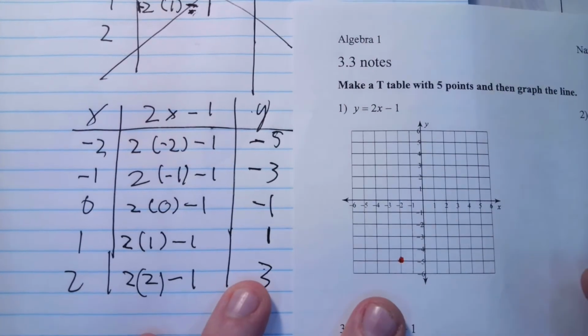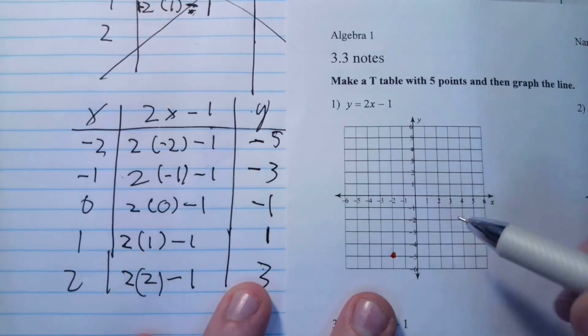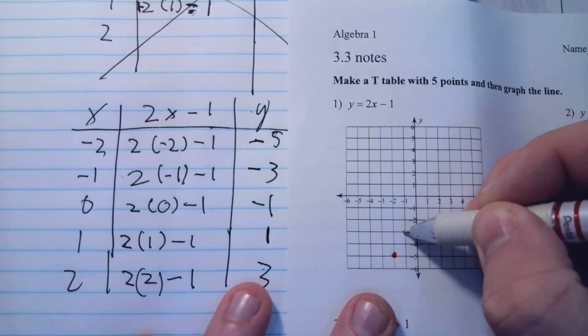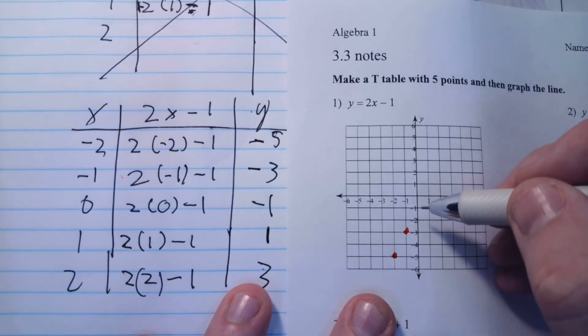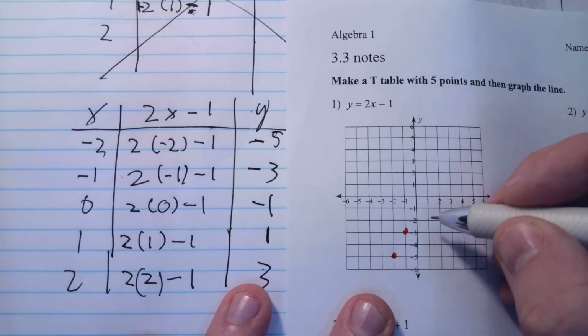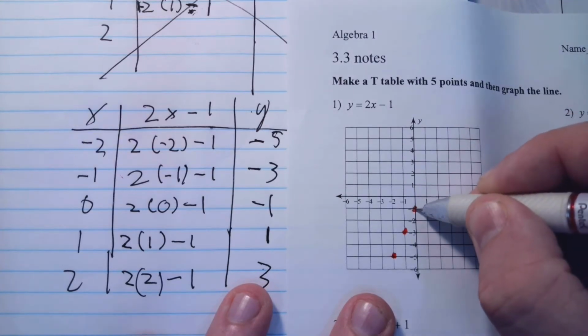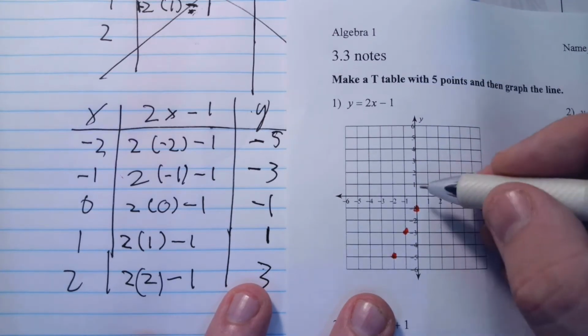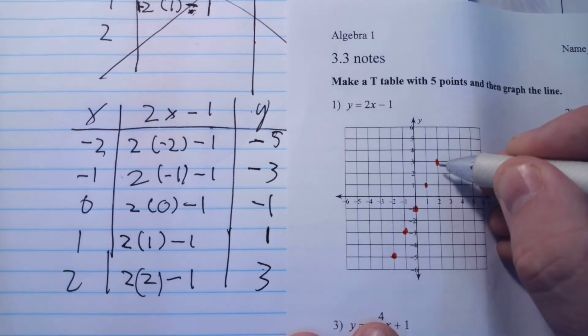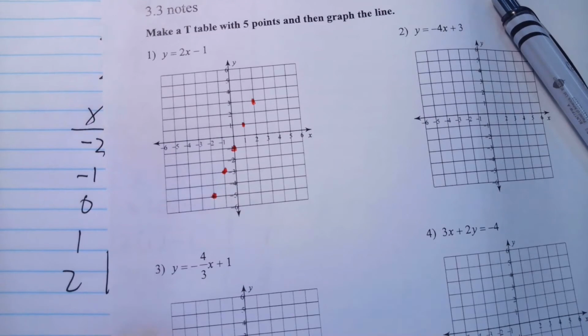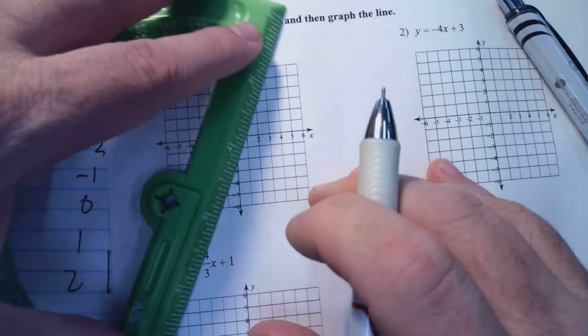Let's try to get it all on the same thing. Negative 1, negative 3, sure. We're going to connect them, and I'm going to show you that in a second. 0, negative 1. 1, 1. 2, 3. Okay. They should be a straight line because we're dealing with only linear functions right now.